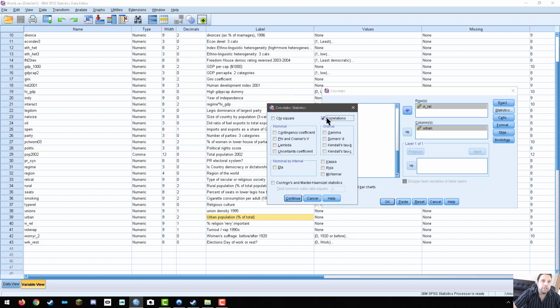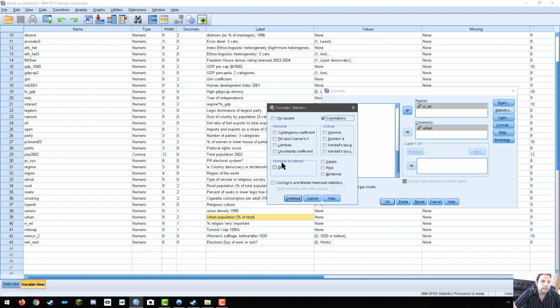Okay, and as before with chi-square, you have that to be checked off. We have correlations, which is actually what we're going to be clicking for Pearson's R. But you also have nominal and ordinal, nominal by interval tests that you can check off as well. So you've got gamma, Somers' D, Kendall's tau-b and tau-c. You've got a bunch of nominal tests, including phi and Cramér's V, which we're going to be running later. Lambda is actually a proportional reduction in error effect size test, which we're also going to be running a little bit later.